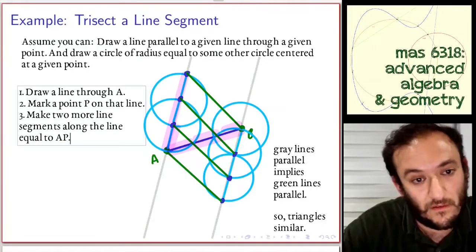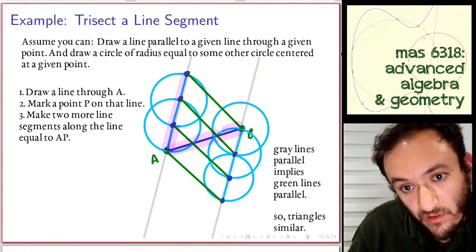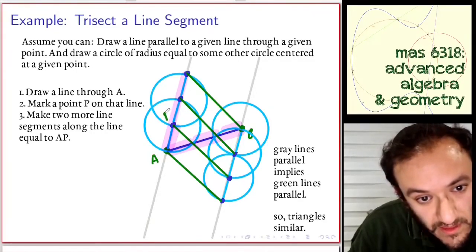Okay. So in this case, we have P will be given by this point here.